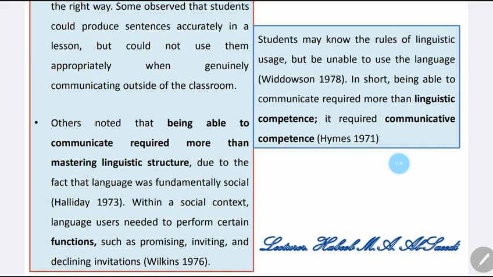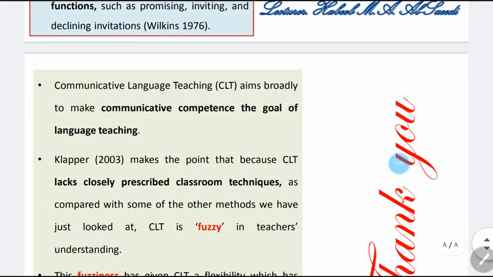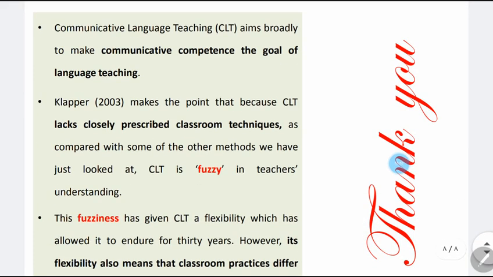Linguistic competence is also important, but the most important thing is communicative competence, to be able to communicate. Communicative language teaching, CLT, aims proudly to make communicative competence the goal of language teaching, to use the target language inside the classroom.